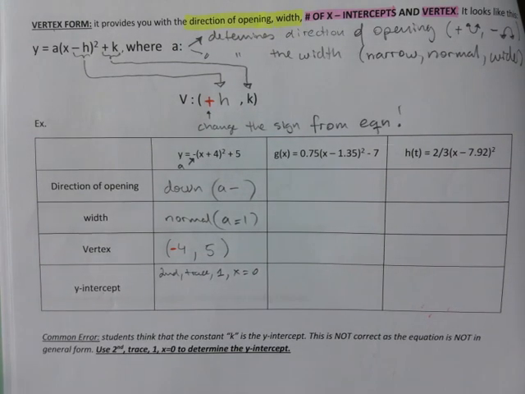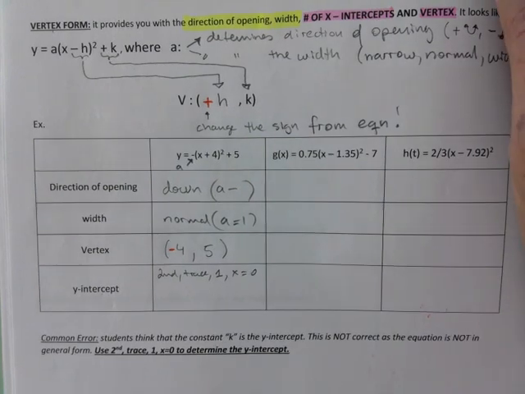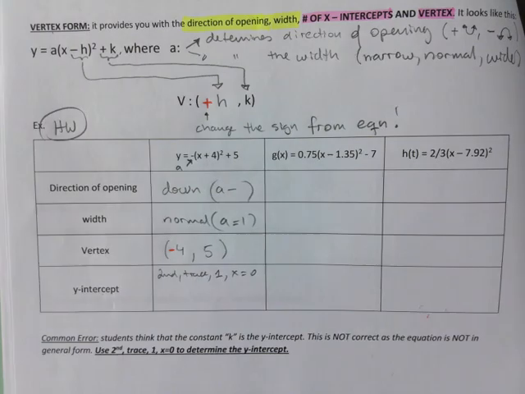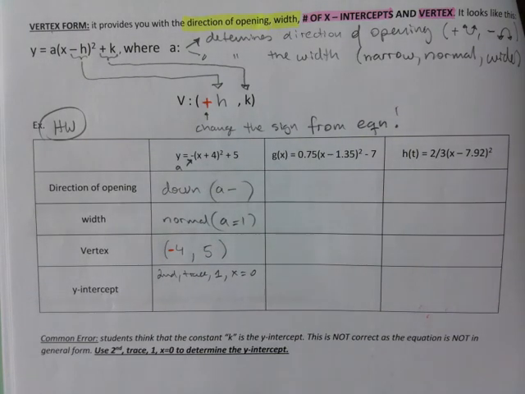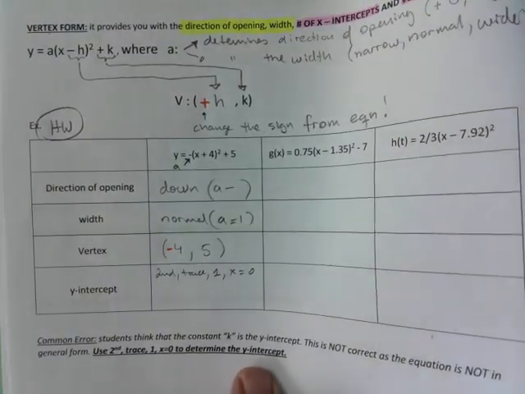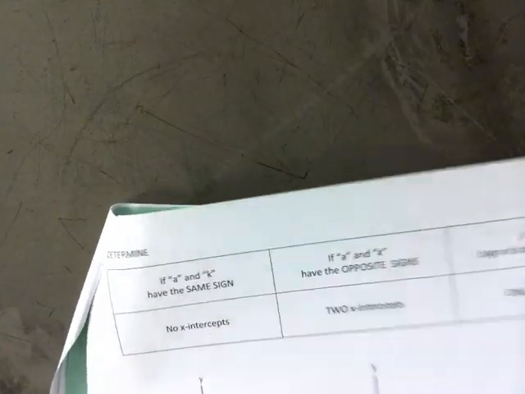So we're running out of time. So what I'm going to say is this. I want you to fill this table in. That's your homework as well. So the axis of symmetry and this table. Let me see. I'm just going to peek here. Just going to peek. And 19.